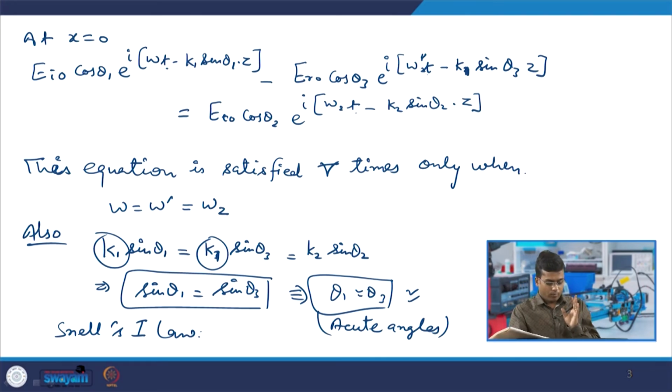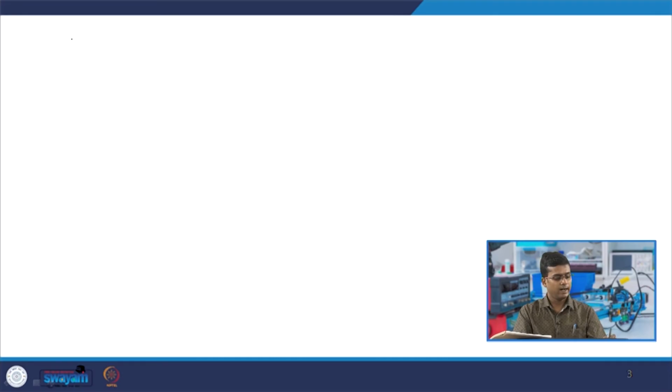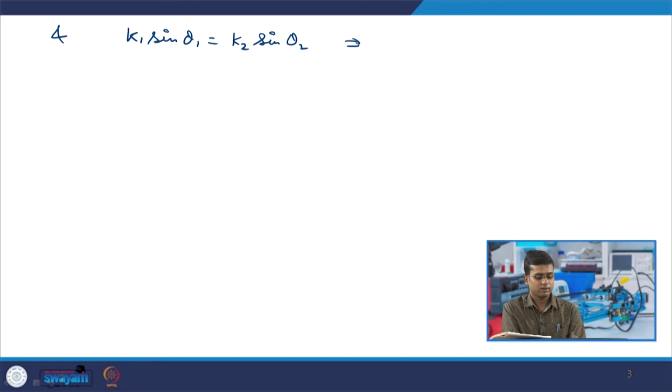So, θ1 = θ3, that means the angle of reflection is equal to the angle of incidence. And what we get is that k1 sinθ1 = k2 sinθ2. That is Snell's second law.